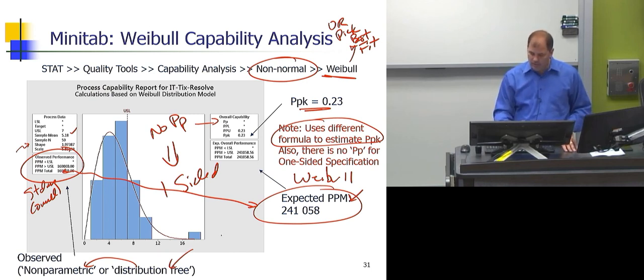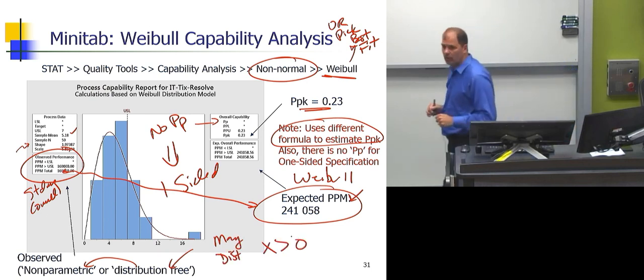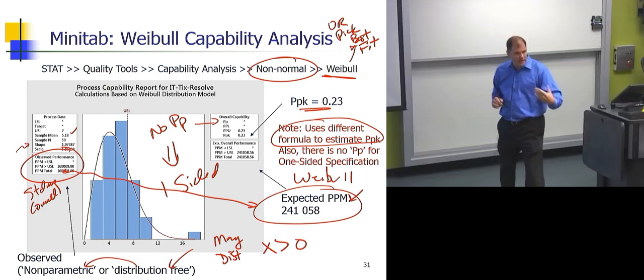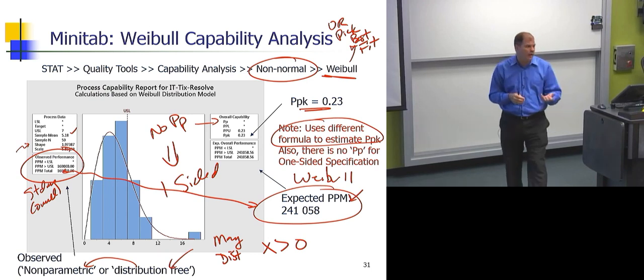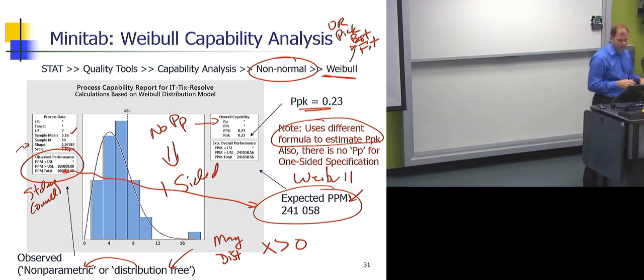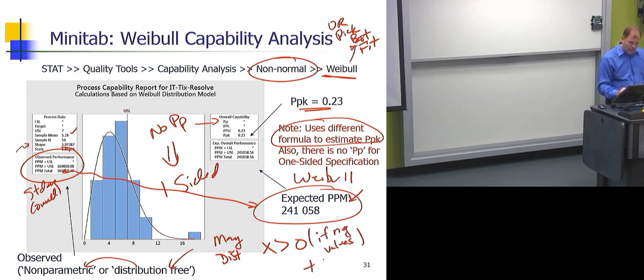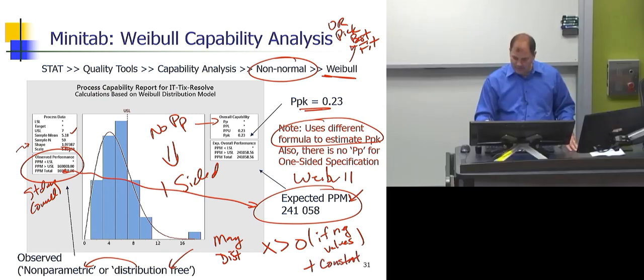Some of you may remember that for many distributions, they require that x be greater than 0. Many distributions cannot be fit unless all the values are positive. If you run into the case where you have negative values, you may just want to add some constant to make them all positive.